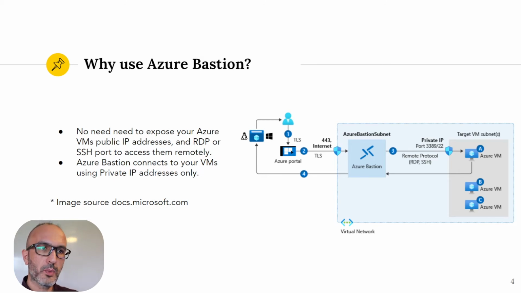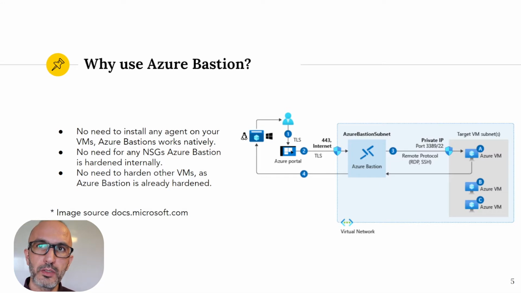The first thing that we gain by using Azure Bastion is that we no longer need to expose our virtual machines' public IP addresses. We could actually remove those, and we don't need to open up the RDP and SSH ports, as Azure Bastion is accessing those virtual machines using their private IP addresses, since the Azure Bastion and the Azure Virtual Machines live in the same VNet.